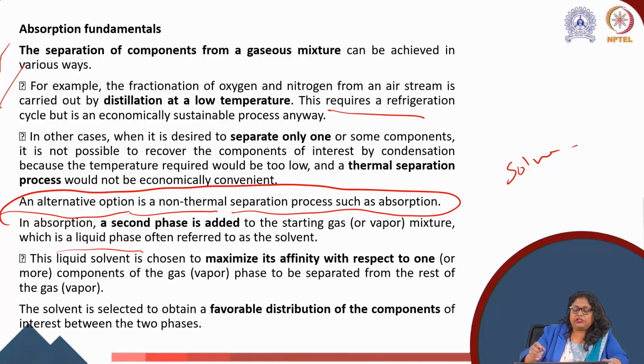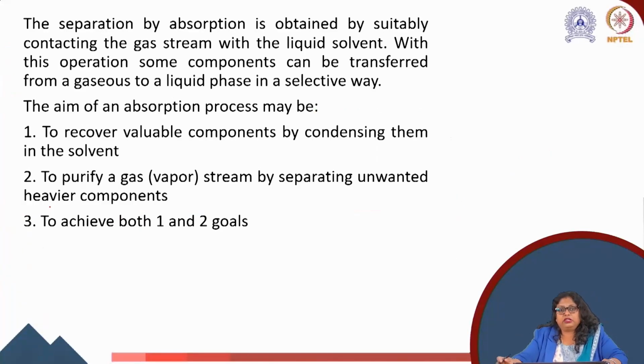This liquid solvent is chosen to maximize its affinity with respect to one component. If more than one component enters the tower, one component should have a higher affinity towards the solvent. So this liquid solvent is chosen to maximize its affinity with respect to one component of the gas phase, to be separated from the rest of the gas or vapor. So this is another important thing.